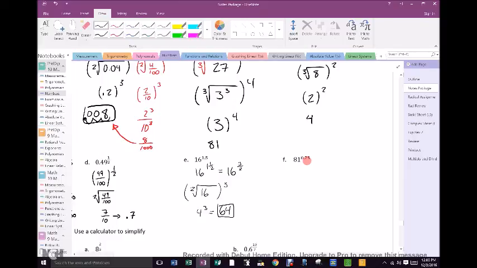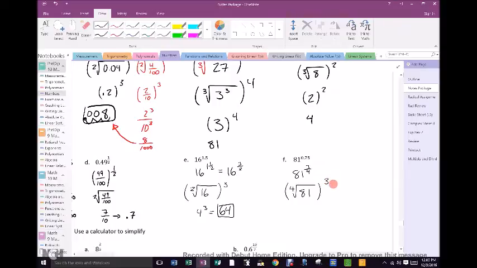What's that one? It's 3/4. 81 to the 3/4. So, the fourth root of 81, to the power of 3.